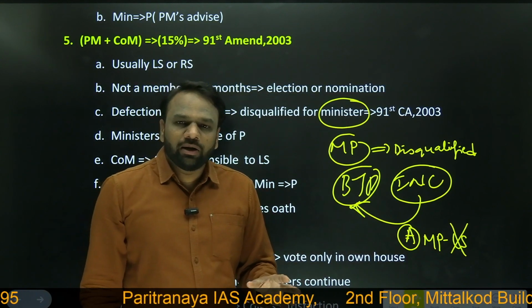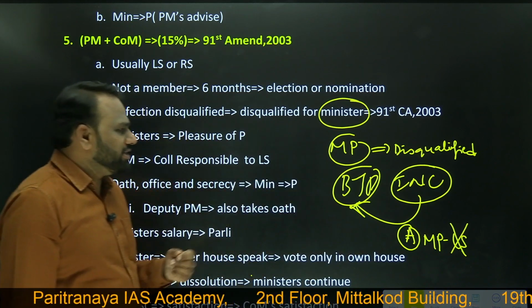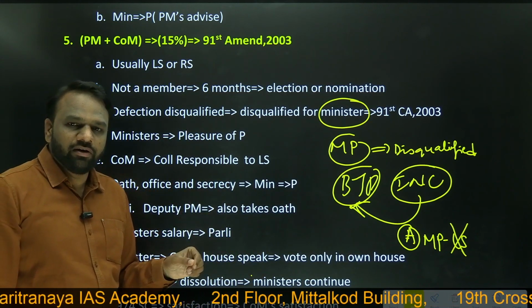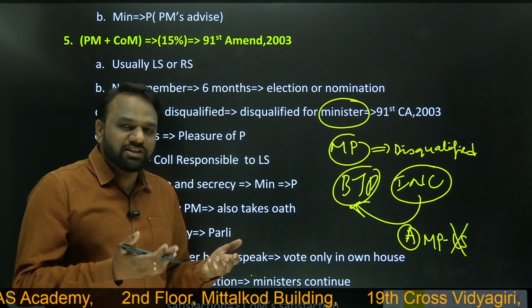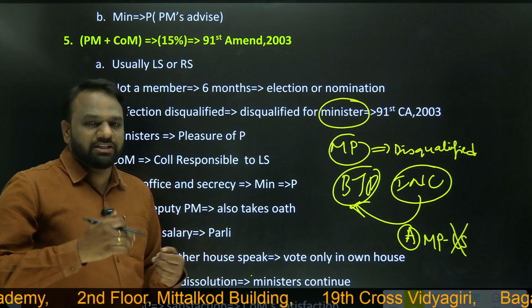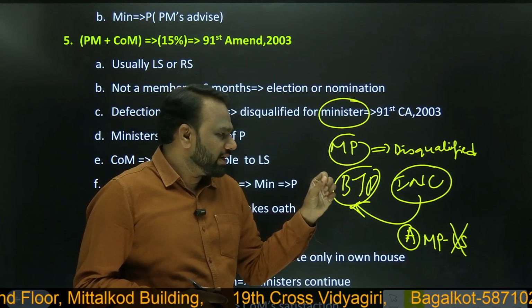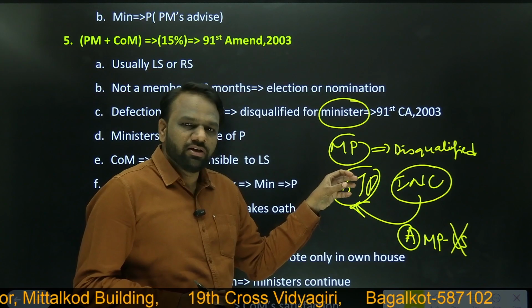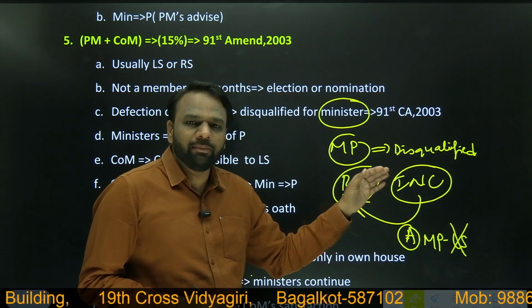He will no longer be a member of Lok Sabha. Now after coming to BJP, can he be made a minister? Yes, we already have a provision that without being a member of Lok Sabha or Rajya Sabha, he can become a minister for 6 months. So BJP might attract a Congress MP saying that if you come to us, we will make you minister, whether you are a member of Lok Sabha or not.